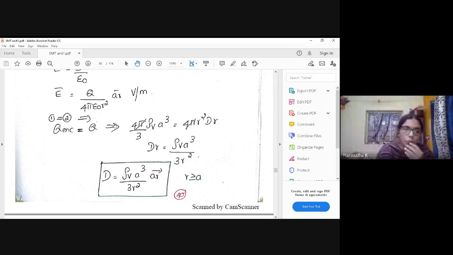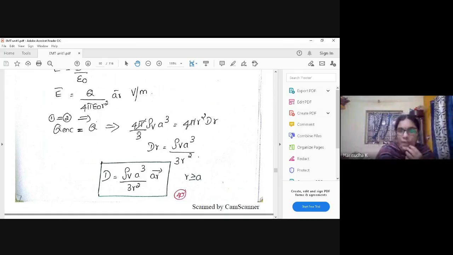One is with respect to volume and the other one is with respect to D dot dS. So with respect to volume, we have found 4 pi by 3 rho v a cube, which is equal to, with respect to D dot dS, 4 pi r square into Dr. So we have found two enclosed quantities, one with respect to the surface integral and one with respect to the volume integral.